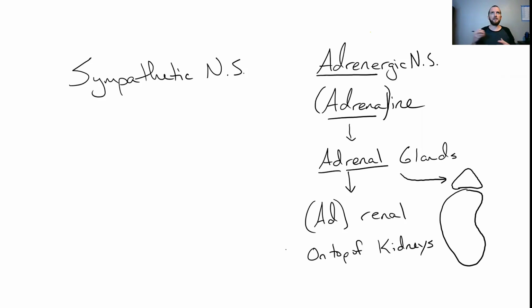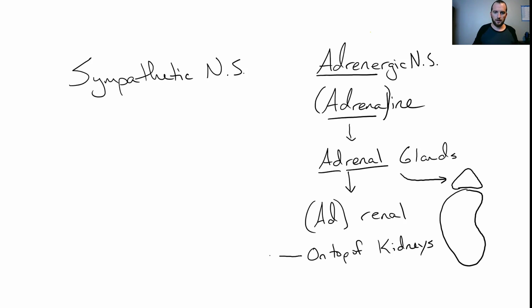Now, a lot of things in medicine, when we start going through it, and certainly medical terminology, it just wouldn't be fun if they didn't have multiple names for the same thing, right? Just lots of different ways to call the same thing. All right, so on top of the kidneys is where we're at.